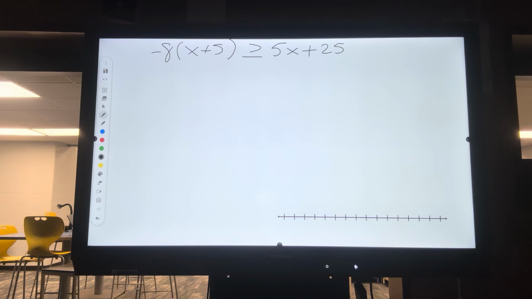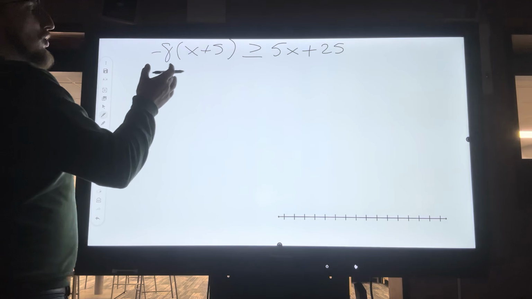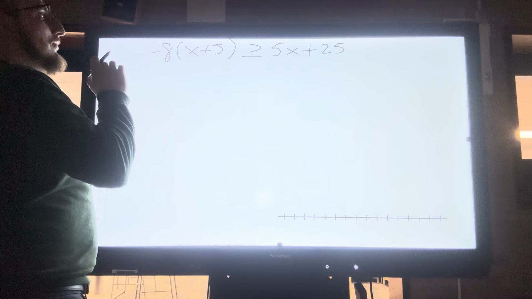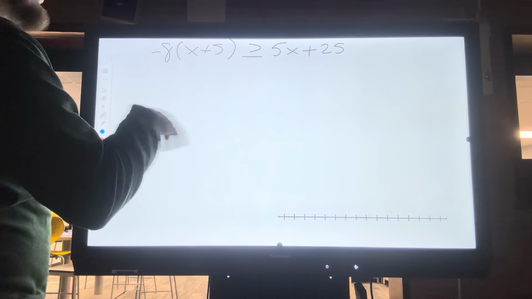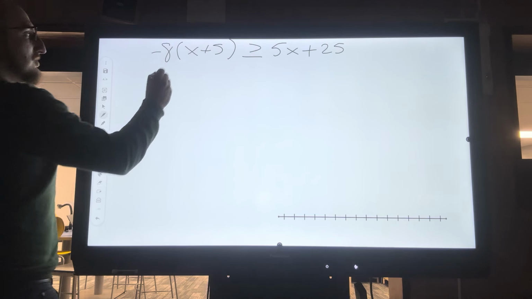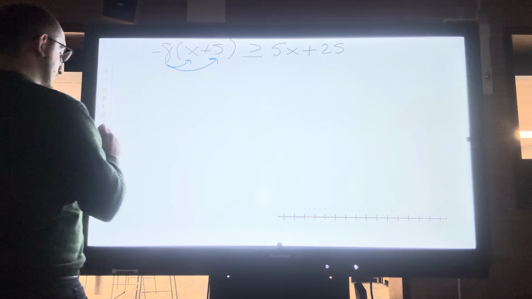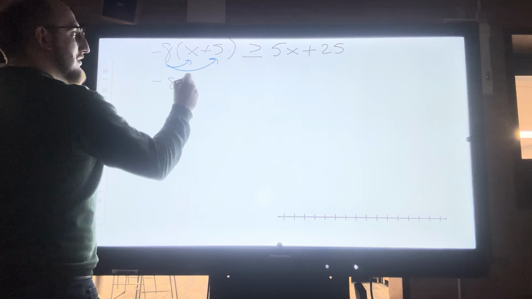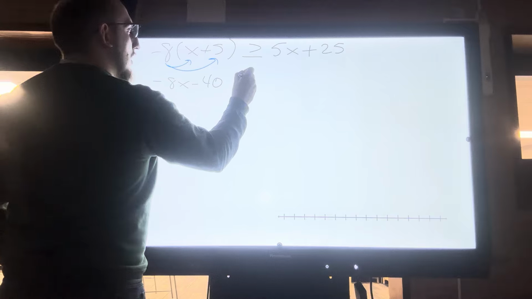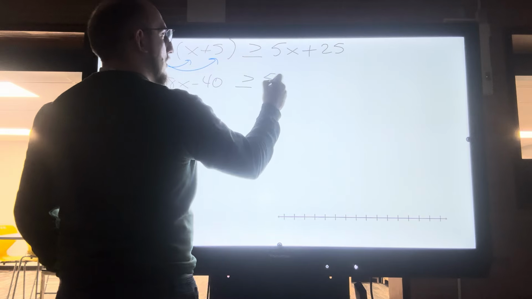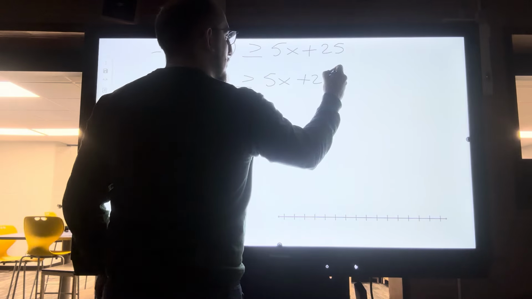Okay? So what we're going to do here is the same way we've been doing problems. We're going to move variables to one side and move everything else to the other side. So I'm going to first distribute here. So I get negative 8x minus 40 is greater than or equal to 5x plus 25, right?